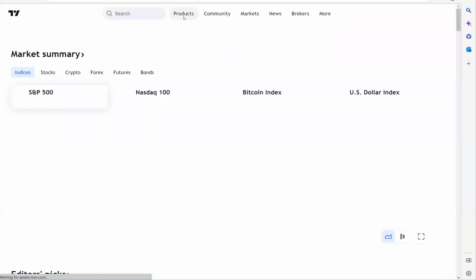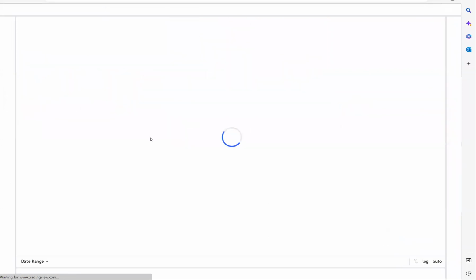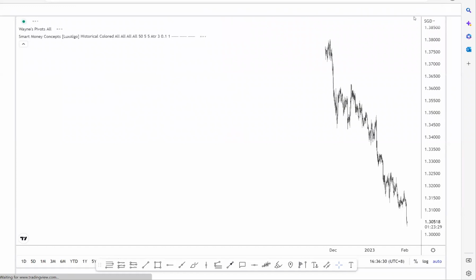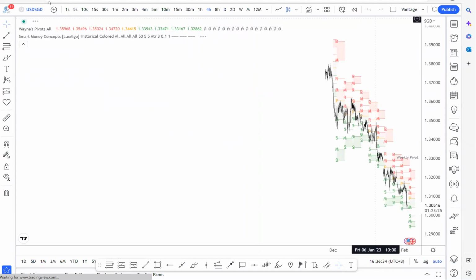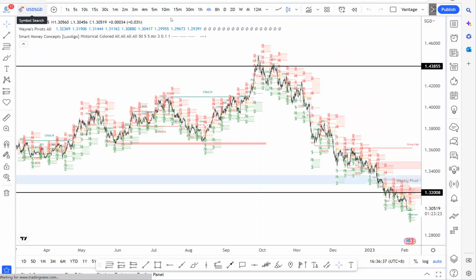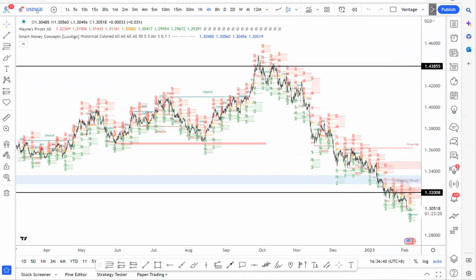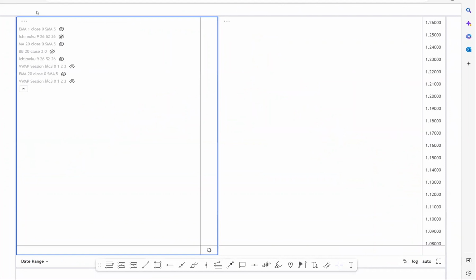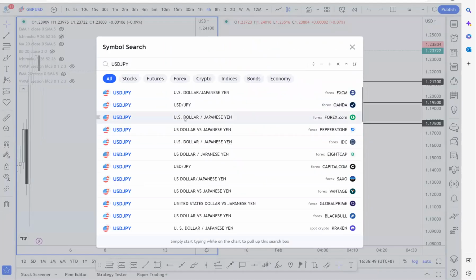So again, using Fibonacci extensions and retracements, let's see how we can actually apply all of this.